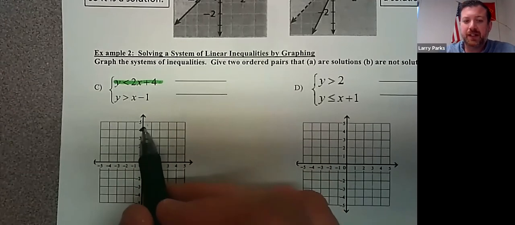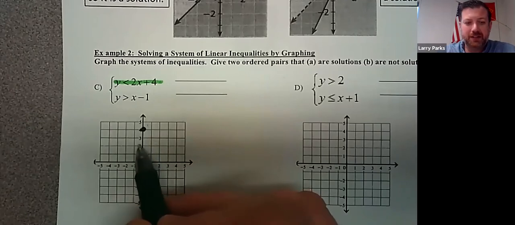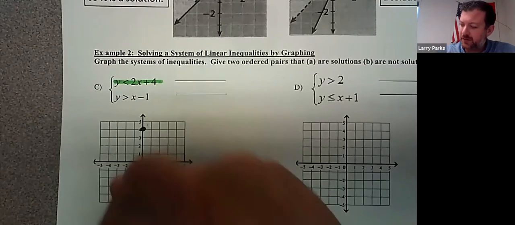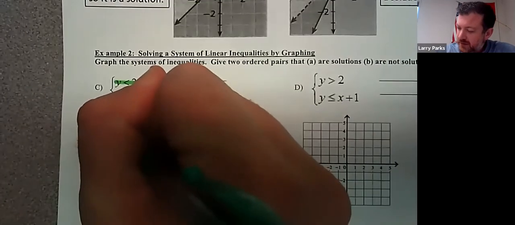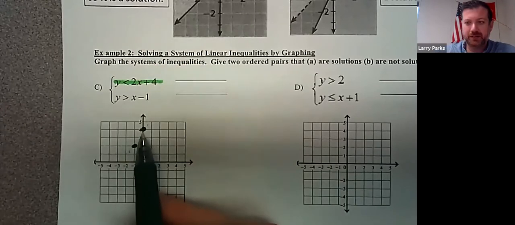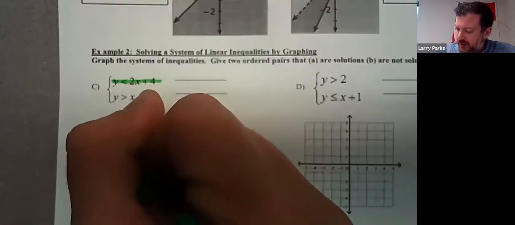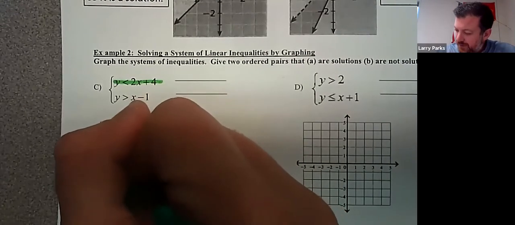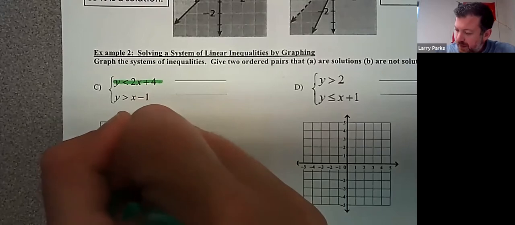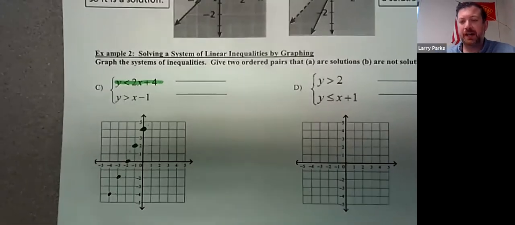Because we can't really do that, I'm going to go down 2 over 1 to the left 1, which is still up 2 over 1, just backwards. And then down 2 over 1. Now I have to pay attention.